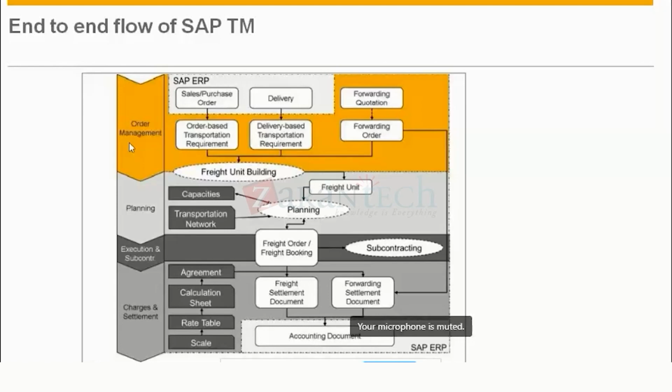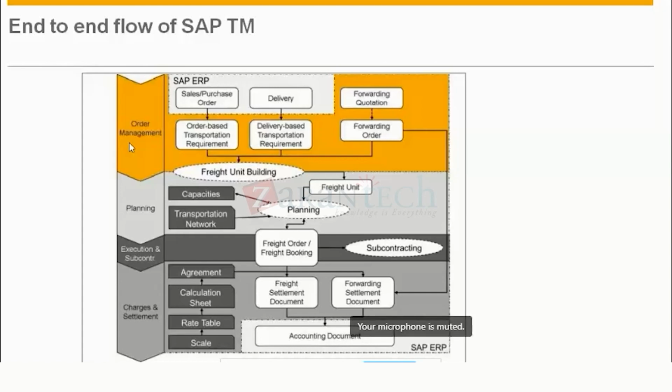So you need to have some activation criteria based on which my transport management system will know that, okay, this order or this delivery needs to be integrated. Okay, so every time an order or delivery is created in ECC, a transportation demand or a transportation requirement is generated in the transportation management system. And that is what we call order management.